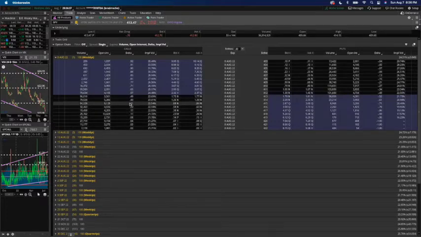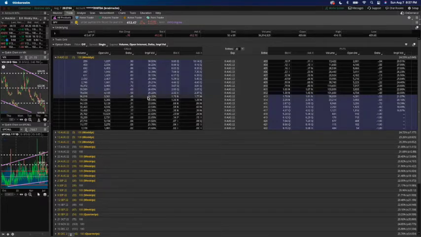Okay, so now what we want to look at is implied volatility. And this is the last part of picking contracts. So when you're picking contracts, implied volatility is basically, how should I say this? This is how much premium is built, not necessarily all the premium, but this is basically premium built into options contracts.